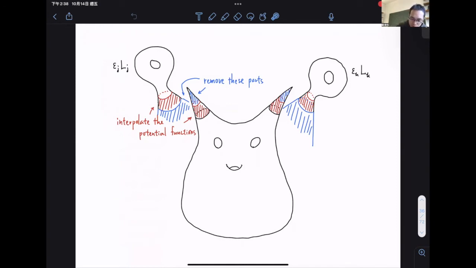Basically, we remove the blue parts from both submanifolds, and then we interpolate the potential functions in the red regions.